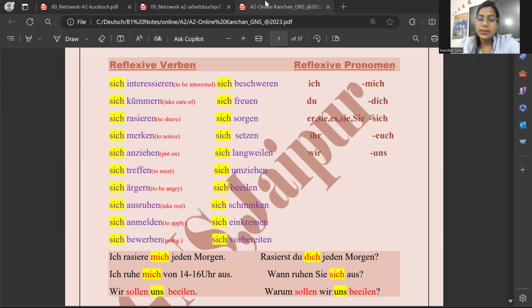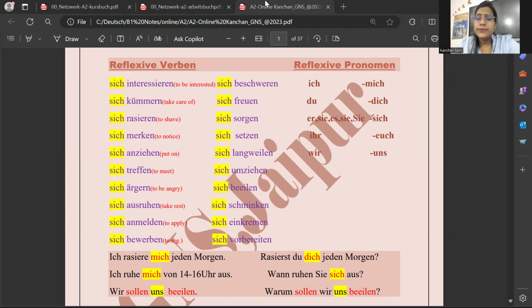Sich anziehen, to put on, to wear. Sich treffen, to meet. Sich ärgern, to be angry. Here I have provided around 20 verbs with the word sich. Wherever you see a verb with sich, you can say that it is a reflexive verb.